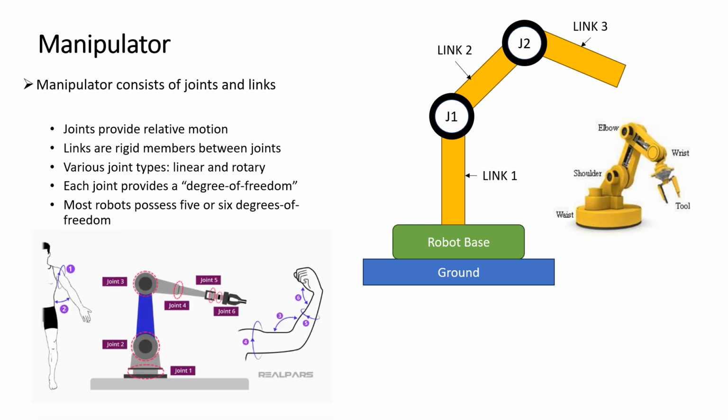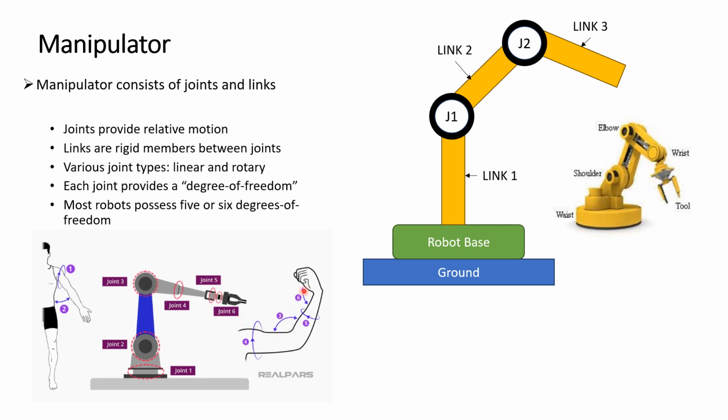So here we can see the different joints. We have joint 1. If we say the ground is link 1 and this is link 2, it forms joint 1. Then again we have link 2 and link 3, it forms joint 2, and likewise it has different joints.